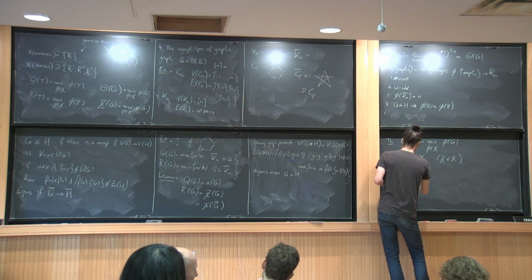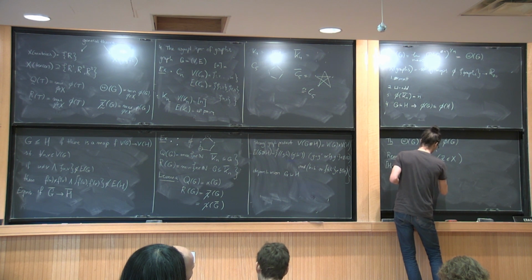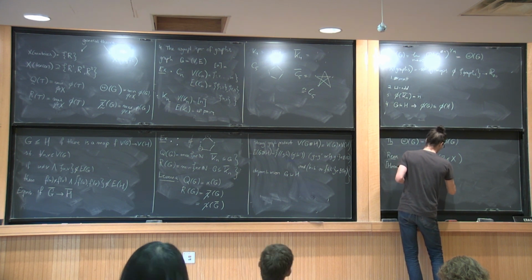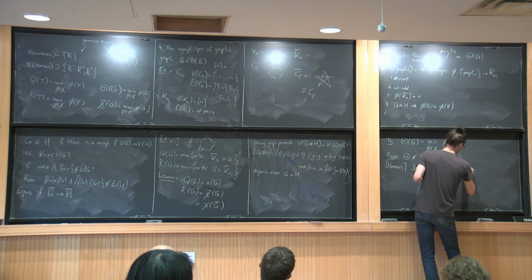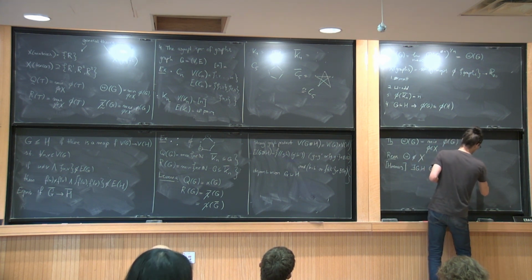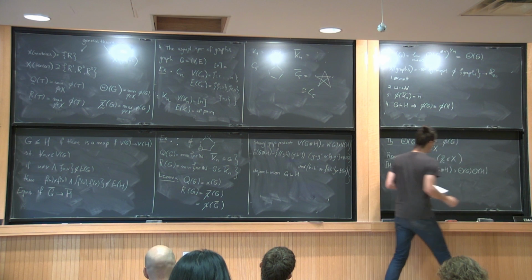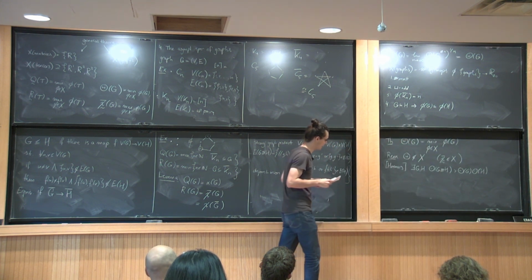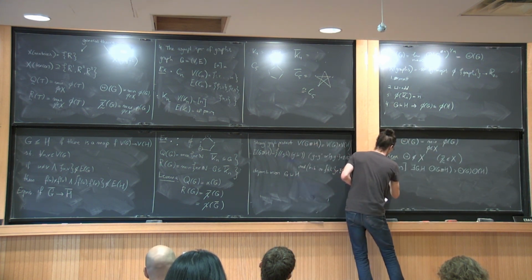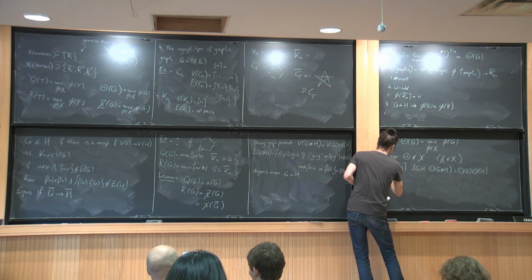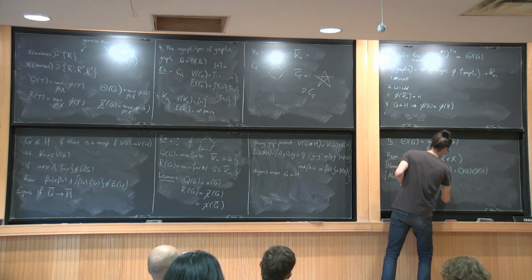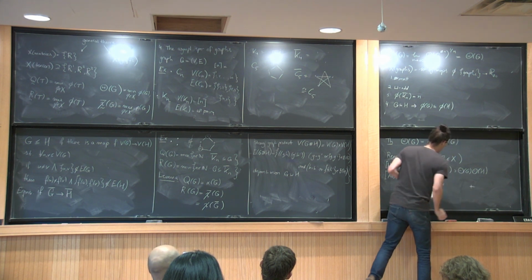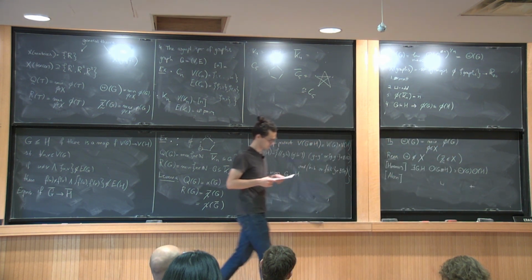So he found G and H such that the Shannon capacity of G times H is strictly bigger than the Shannon capacity of G times the Shannon capacity of H. And Alon proved the same thing for addition.